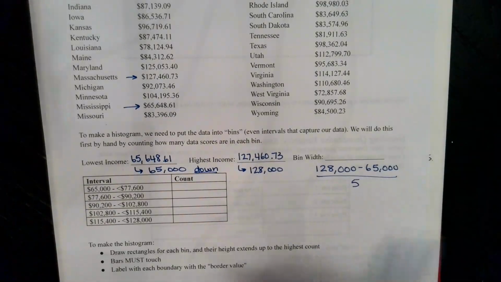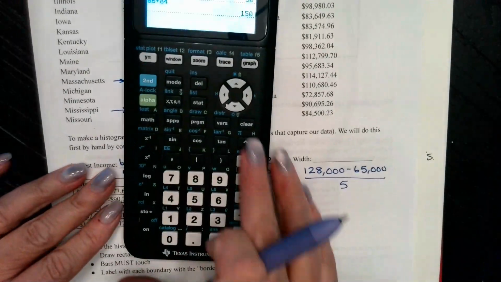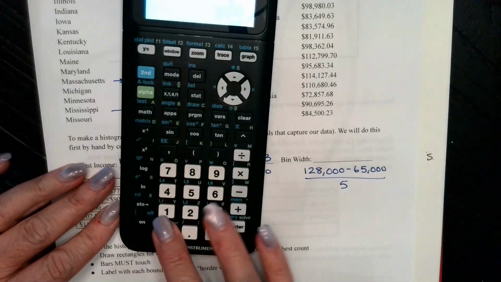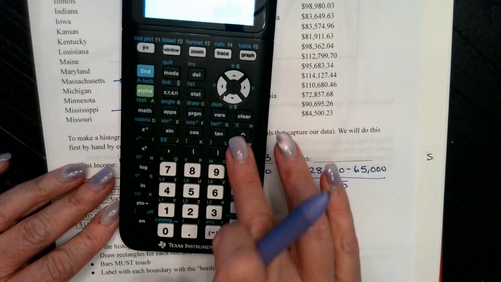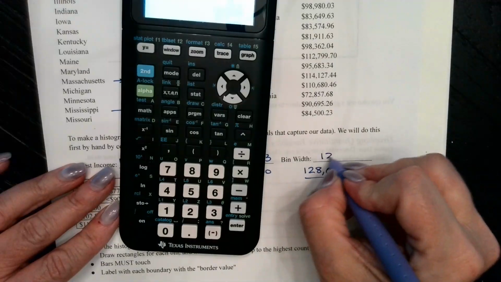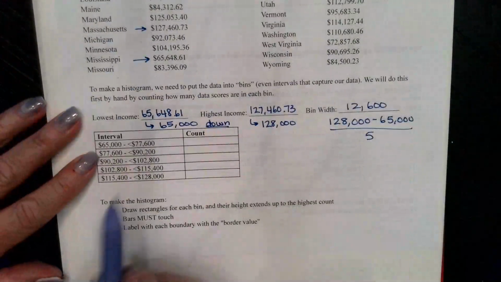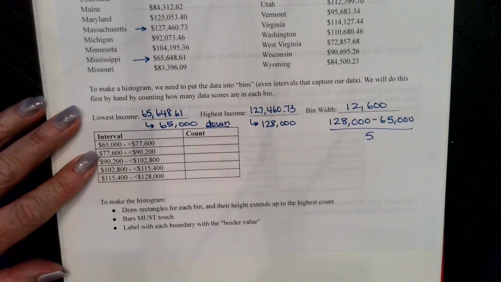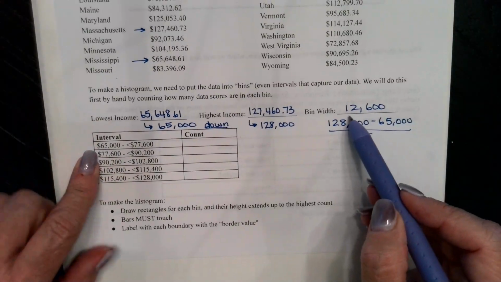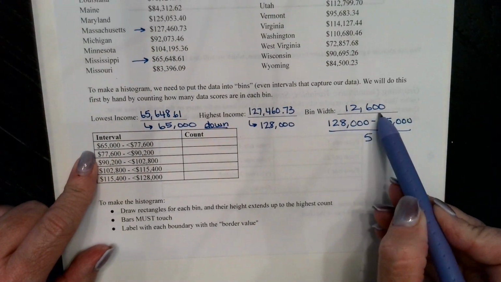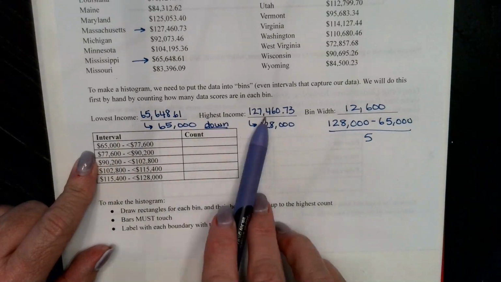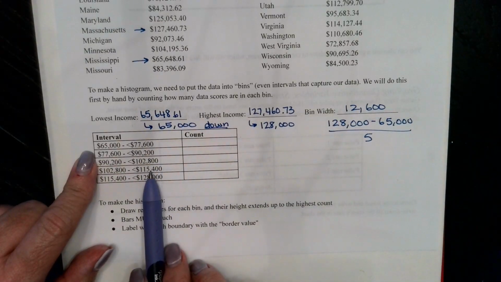And when I put this in my calculator, I get 12,600. So these bin widths that I already have categorized are based on this width of 12,600. So that's my lowest value, my highest value, and I just chose 5 bins.